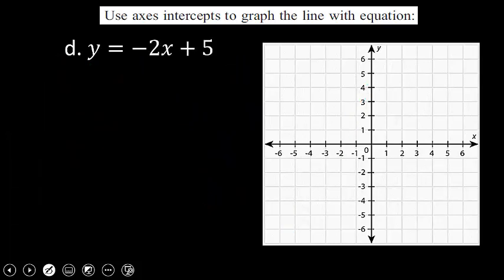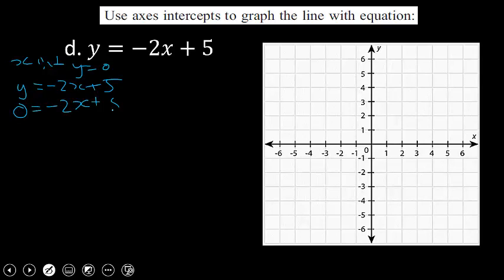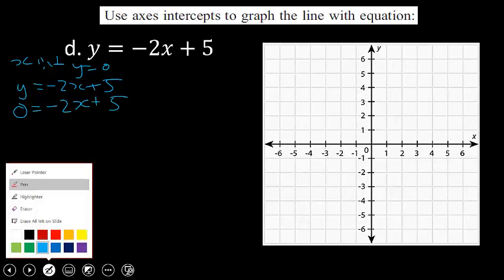Y equals minus 2x plus 5. For my x-intercept, y equals 0. So y equals minus 2x plus 5. Y is 0, so I put 0 there. 0 equals minus 2x plus 5. Now I need to put the x on the other side.